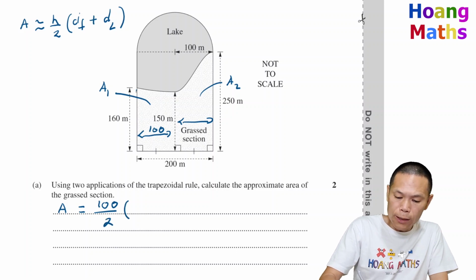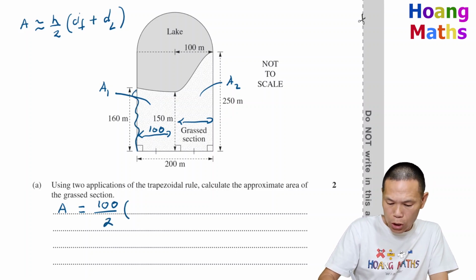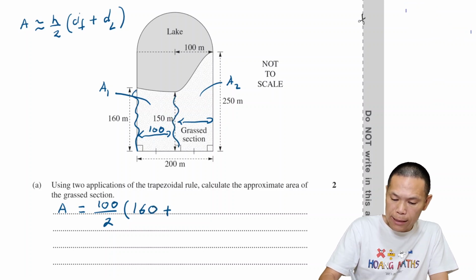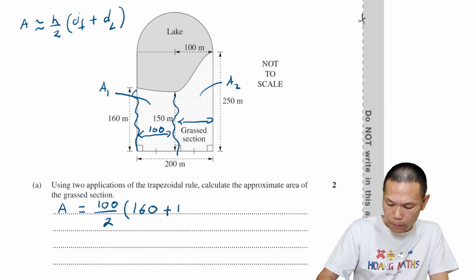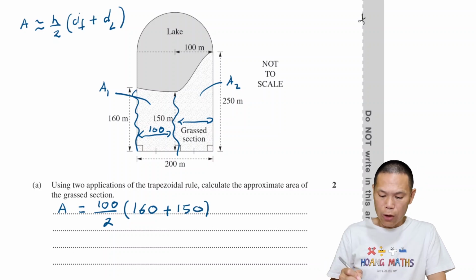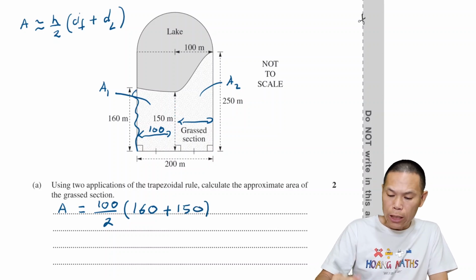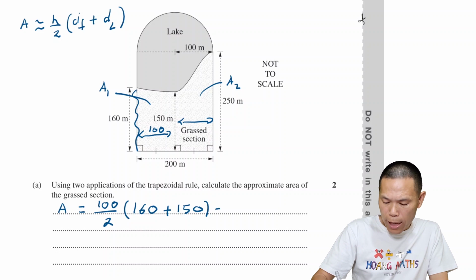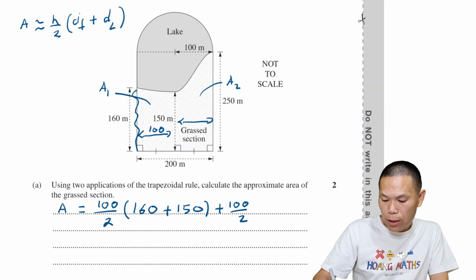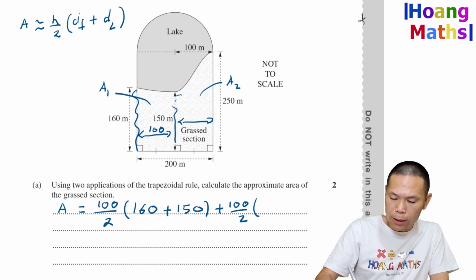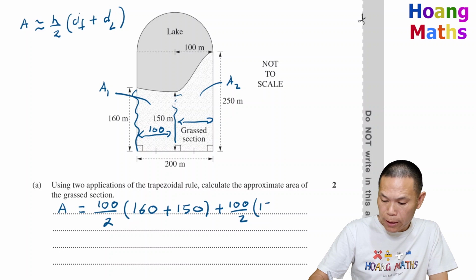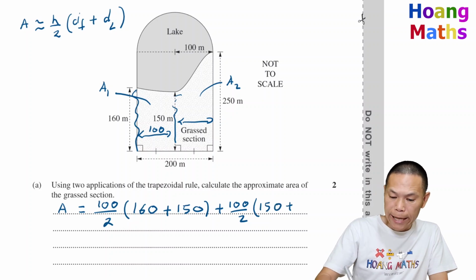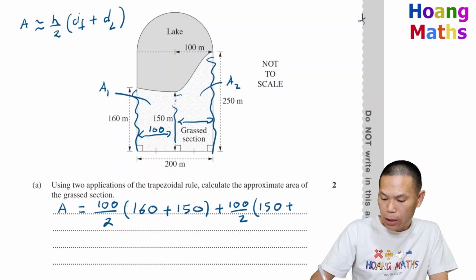And then D first is this one here, which is 160. And then we add D last, so that is 150. So there you go, that's A1. Then we add A2. So A2, we add H over 2, H is 100 over 2. And bracket, D first is here, 150. And we add D last, that is this one here, so 250.